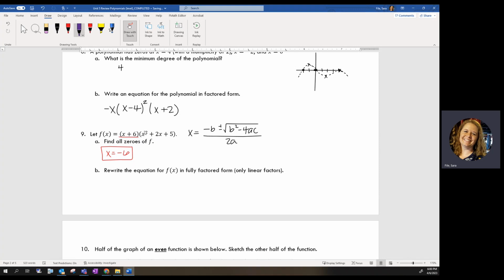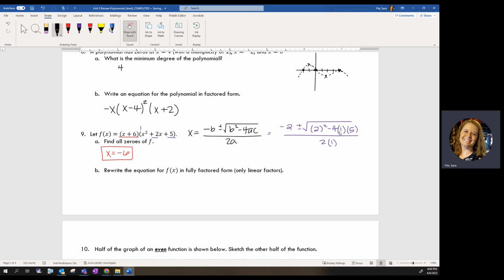So your A, B, C, A is a 1, B is a 2, and C is a 5. That's A, B, C. So if I were to plug that in, so negative B, so 2 goes there. 2 gets squared. A is an understood 1, and C is a 5. 2A is a 1.